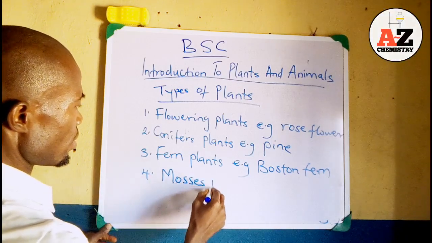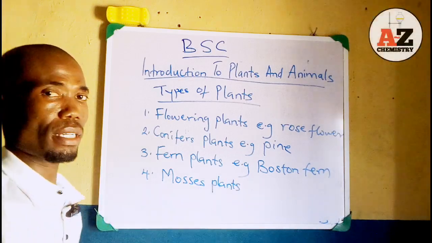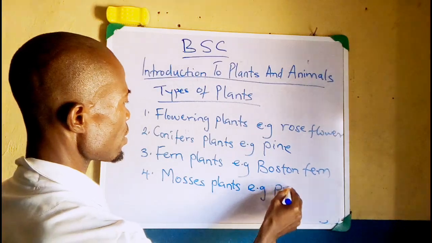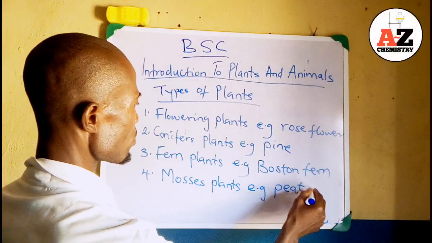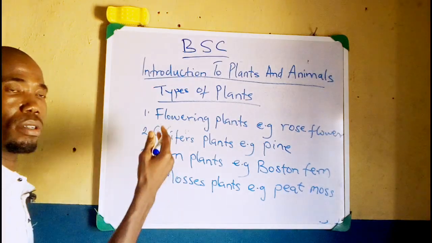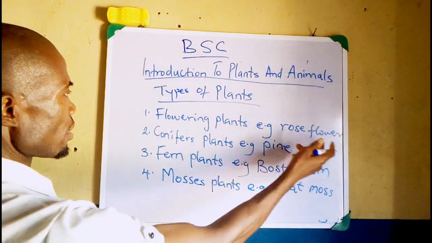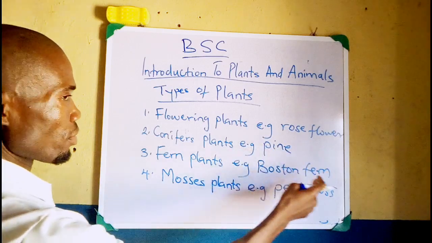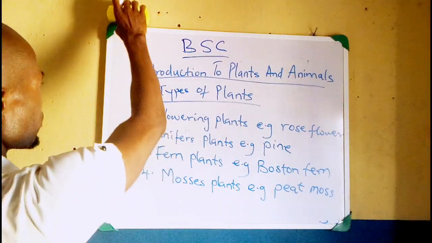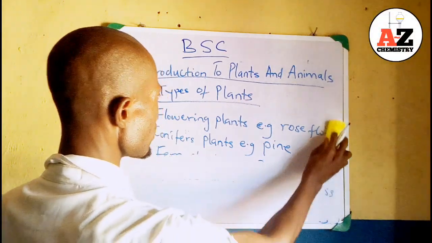An example is peat moss. Look at the screen and you see the pictures of this example, rose, pine and Boston fern together with peat moss.